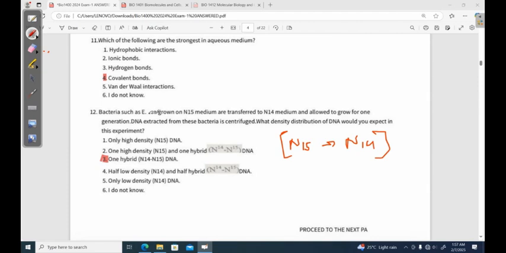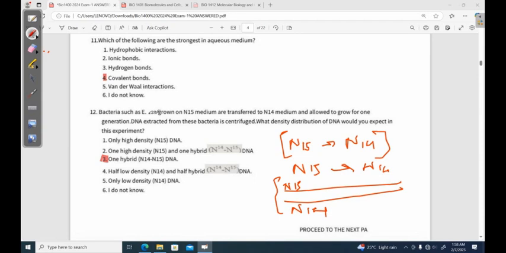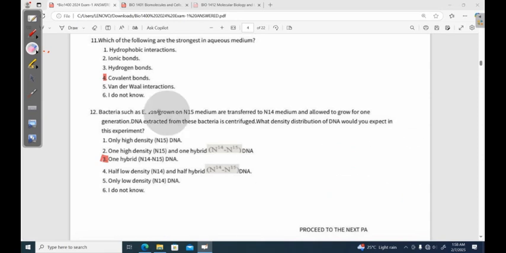What happens is that the DNA from N15, during replication, they share. So for instance, there'll be 1 strand with N15 and the other strand will be N14. This is what happens because remember DNA is semi-conservative. So there's 1 old template and 1 new template. So in the first generation, you're going to have hybrid N14 and N15.